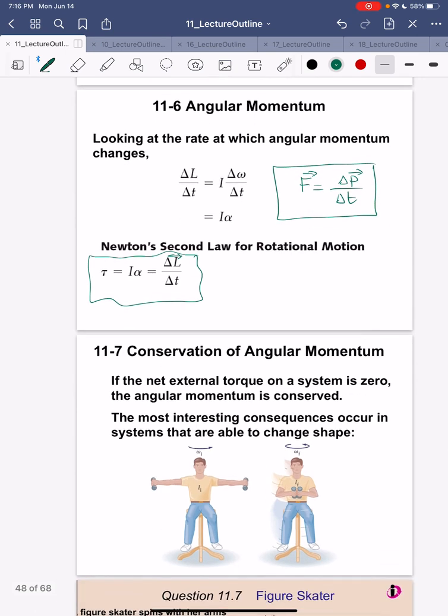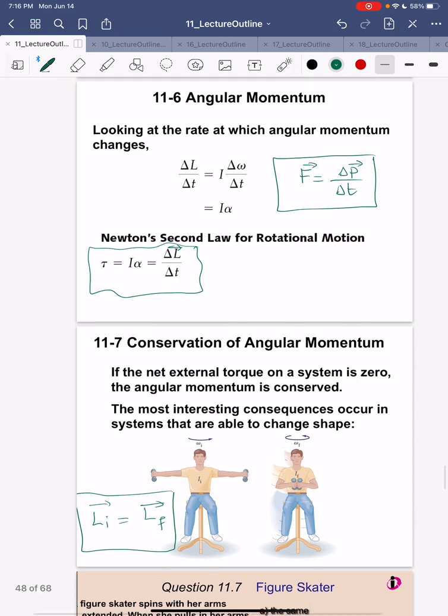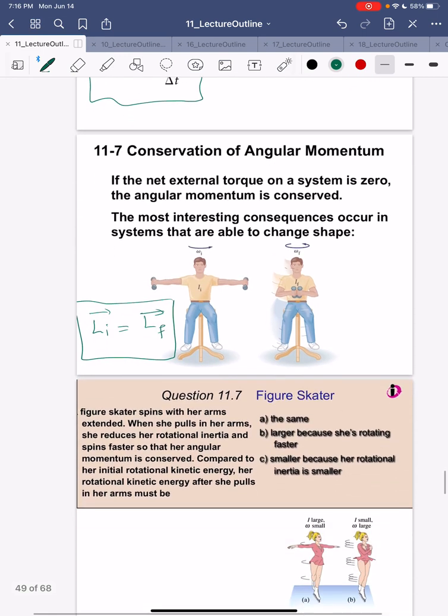Then if the external torques are zero, I can say my initial L equals my final L. Then the angular momentum conservation is going to be valid whenever the net torque equals zero.